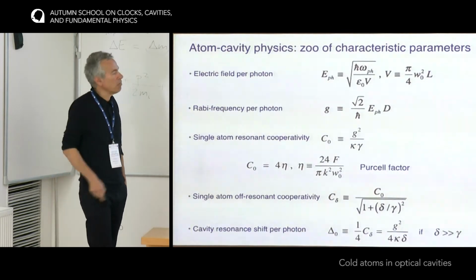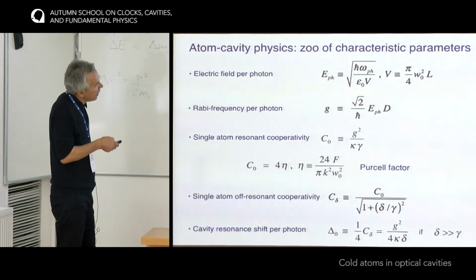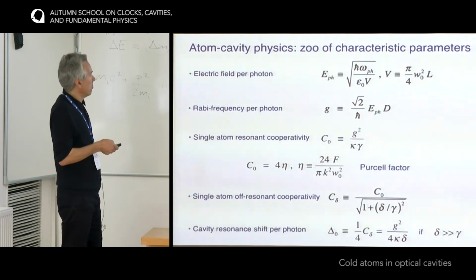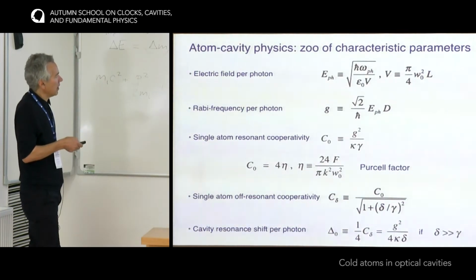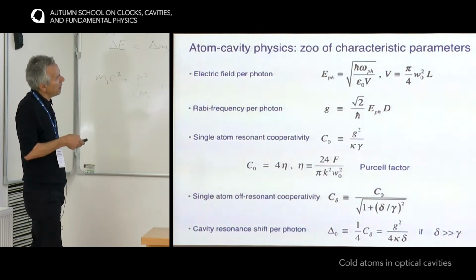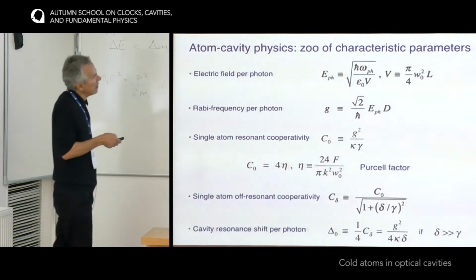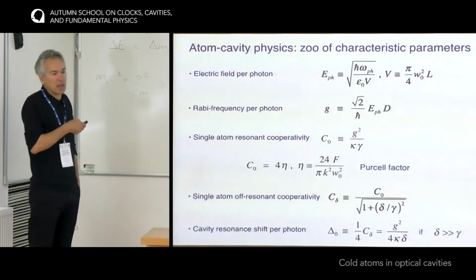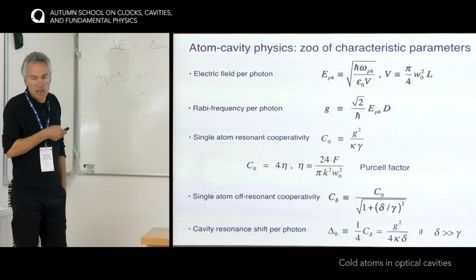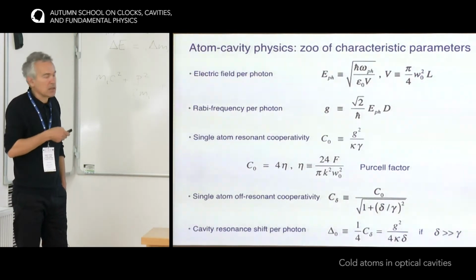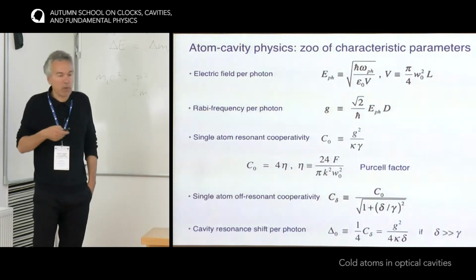If you look at this quantity, you will probably immediately see that g contains d, so g squared obviously contains d squared, and d squared contains gamma. So this constant C naught is independent of atomic quantities and depends only on cavity parameters.